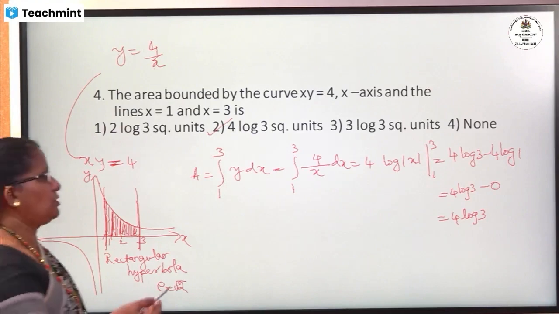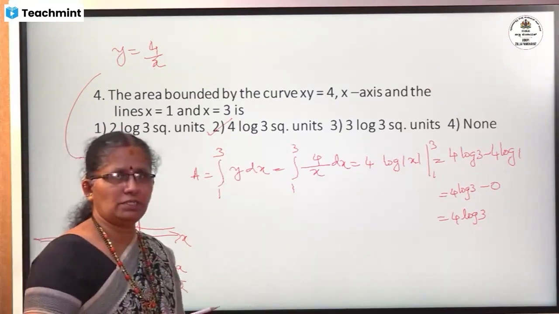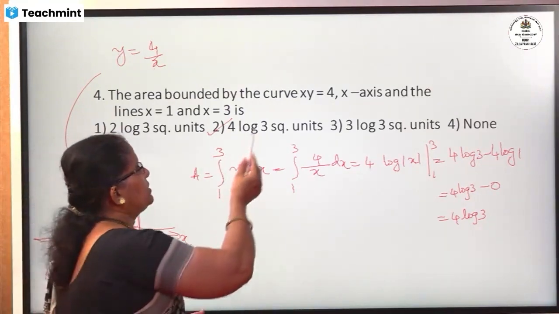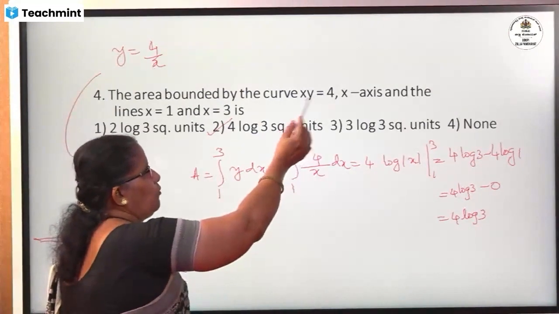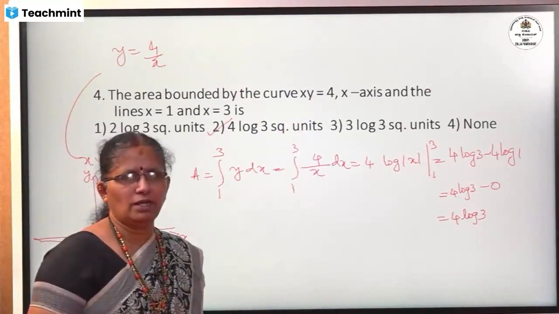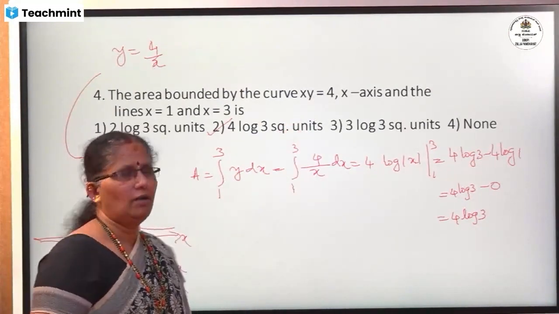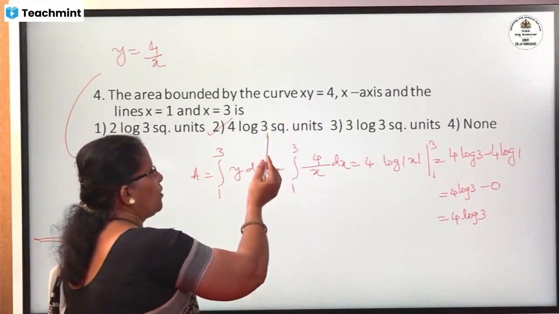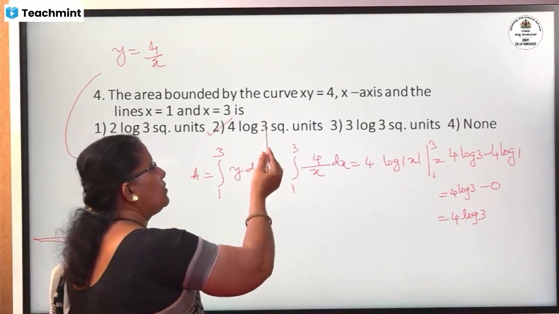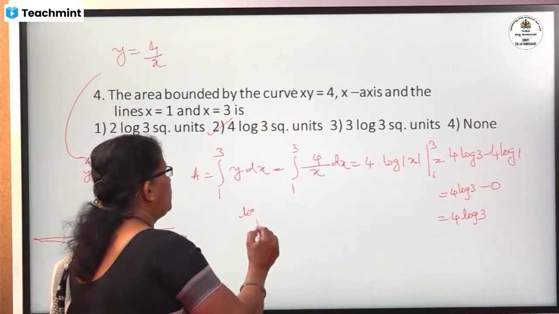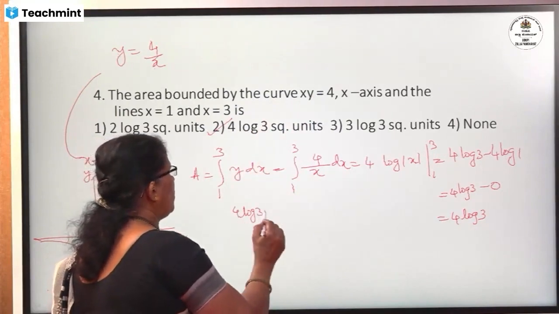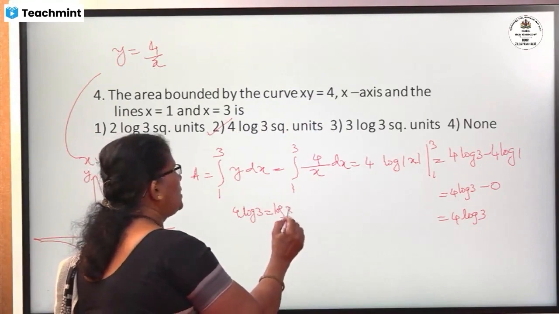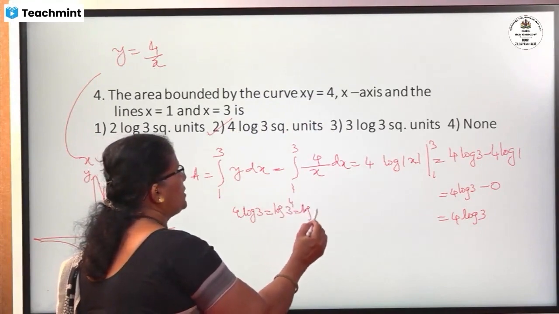This time also you might get the same question, but they may do some twisting. Instead of xy = 4, they may give xy = 1 or xy = 9. Or they may give xy = 4, but instead of 4 log 3, they might give log 81, because 4 log 3 is the same as log of 3 power 4, which is log 81.